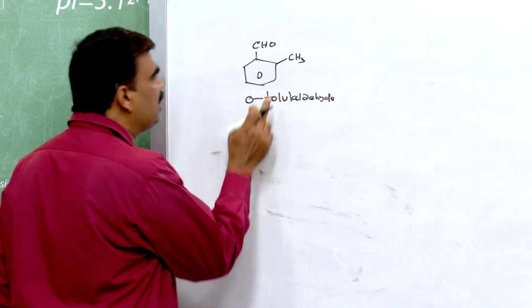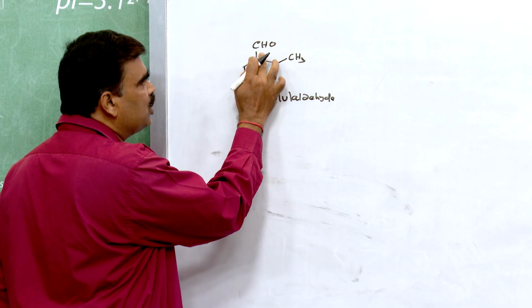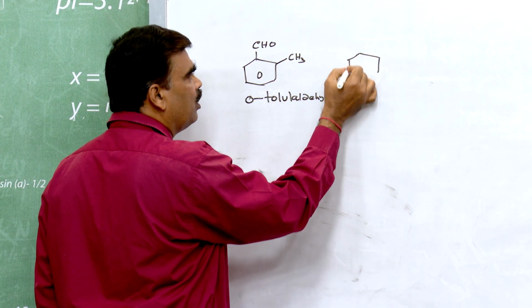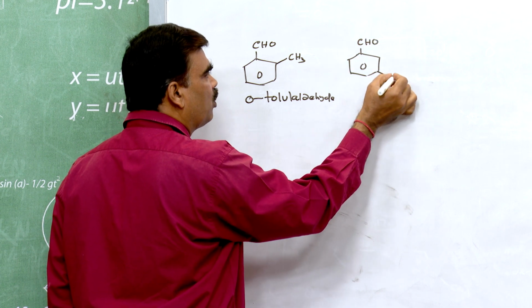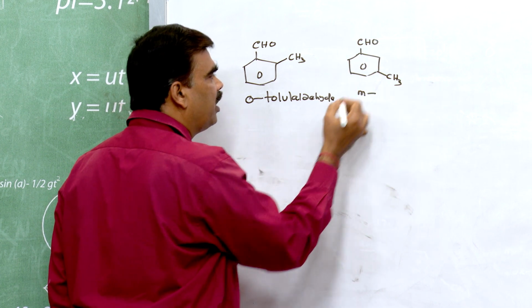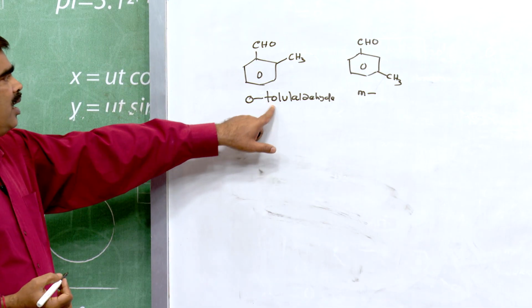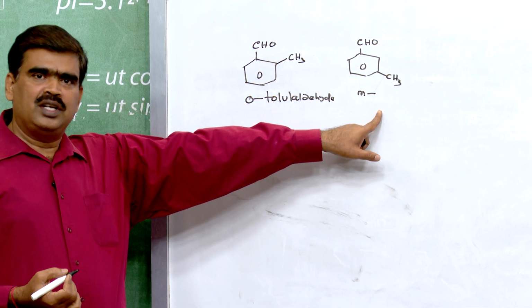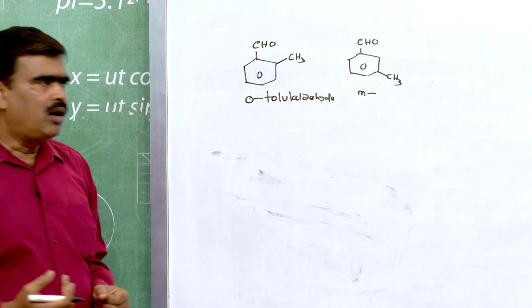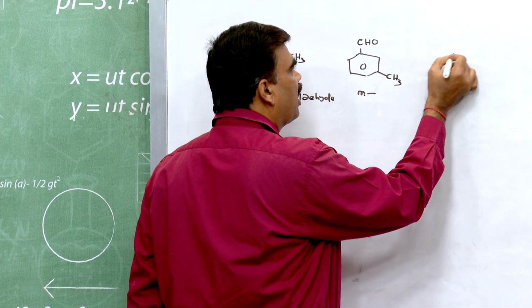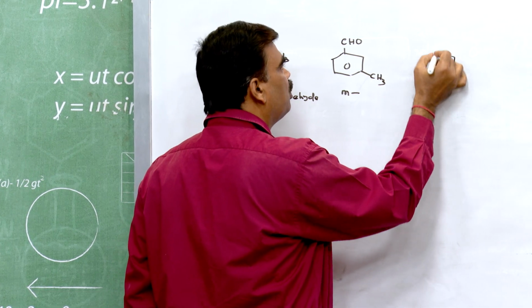Similarly, I can change the position of this group or this group with respect to each other. I can have a different position like here CHO and you have methyl group here. So this is metatolualdehyde. So orthotolualdehyde and metatolualdehyde are position isomers. पोजिशन को बस चेंज कर दिया, ऑर्थो से लाके मेटा में रख दिया. और कहाँ पे मैं रख सकता हूँ? पारा पे भी रख सकता हूँ.